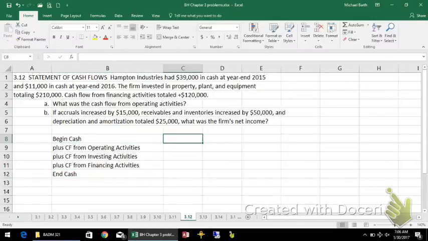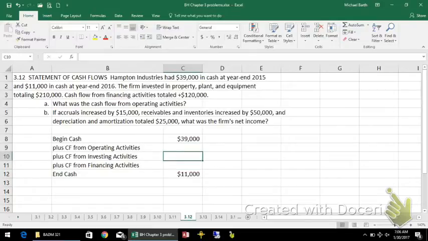Alright, so if the firm started the year with $39,000, which was the balance at the end of the prior year, and they ended with $11,000, then the sum of these three will have to be a negative number.